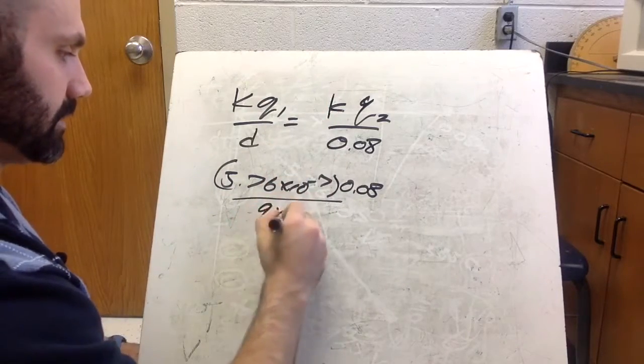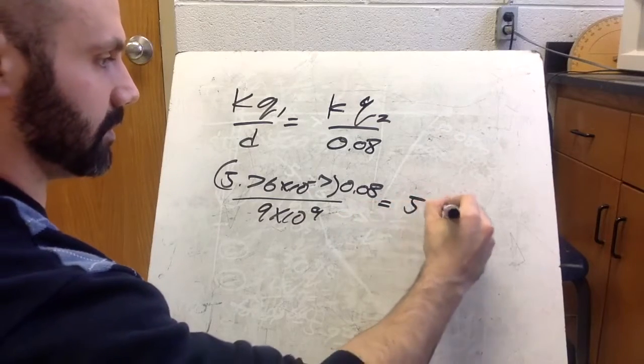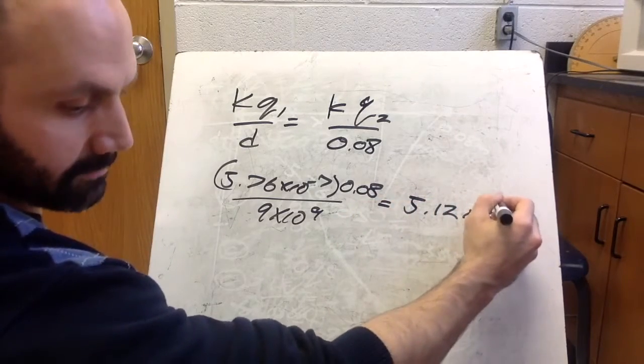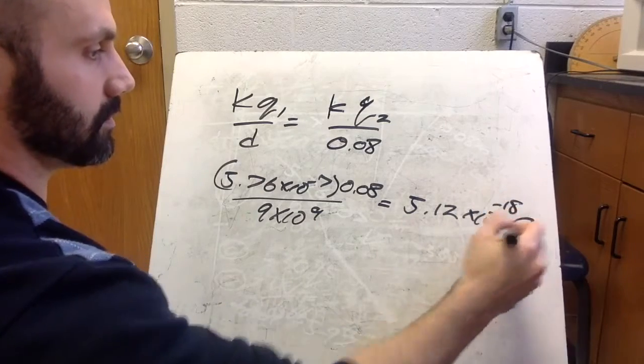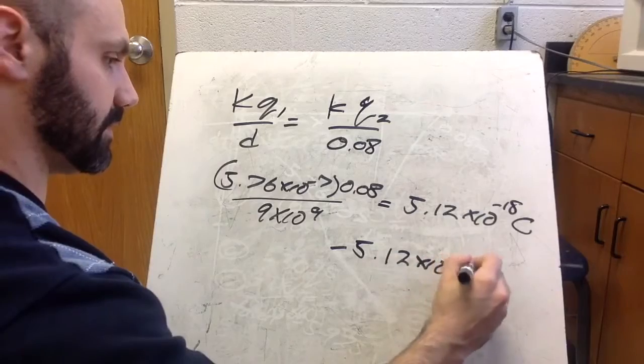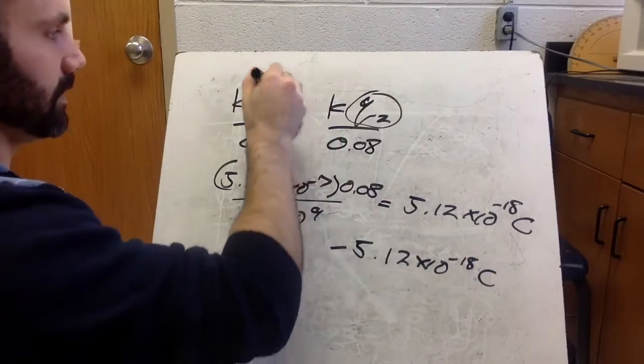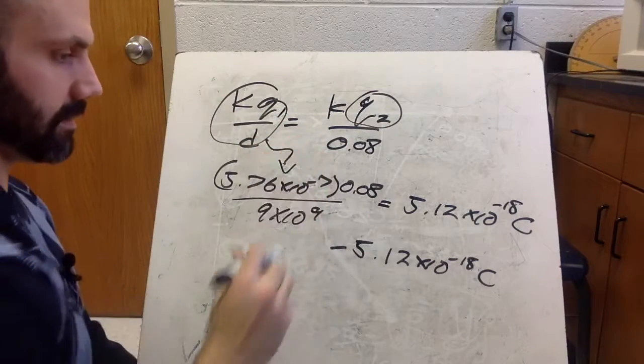So this is 9 times 10 to the 9th. And this turns out to be 5.12 times 10 to the negative 18th coulombs, right? So our final answer is negative 5.12 times 10 to the negative 18th coulombs. All I did was I solved for this. And this whole thing is that value.